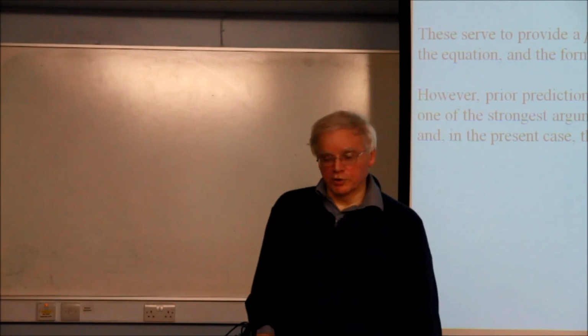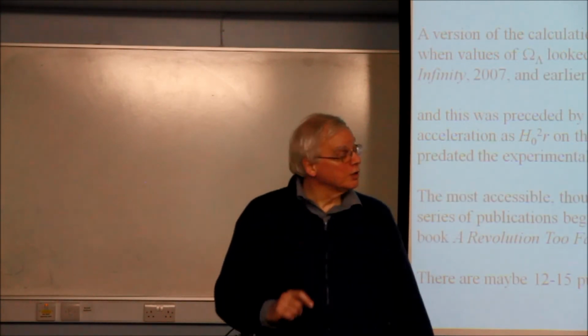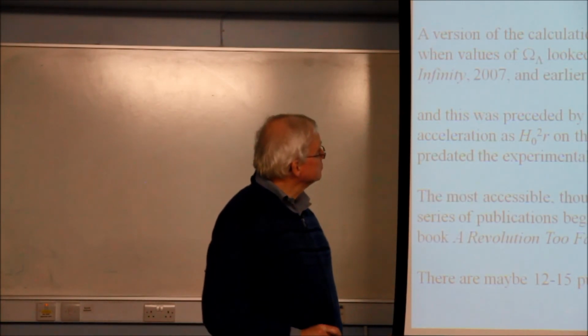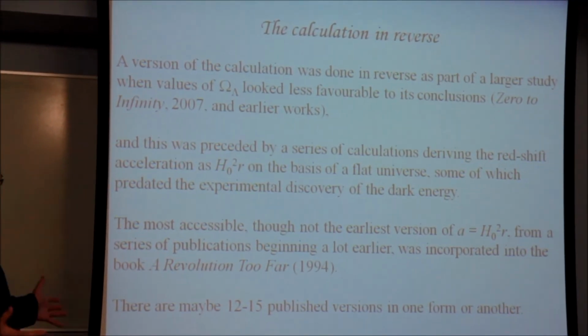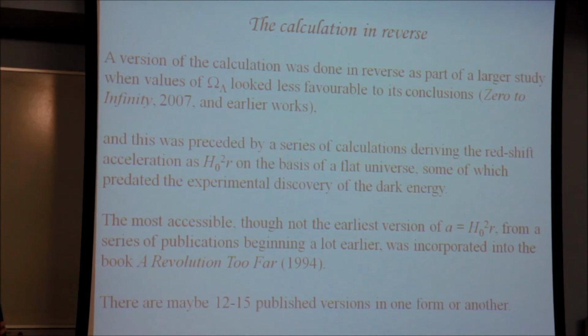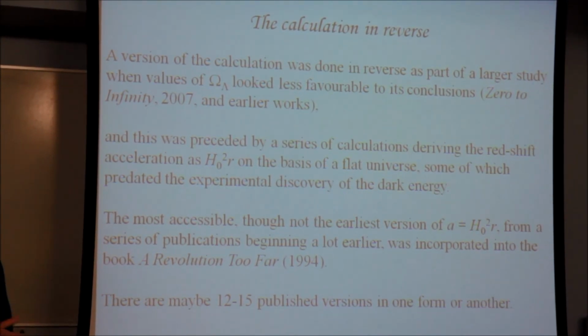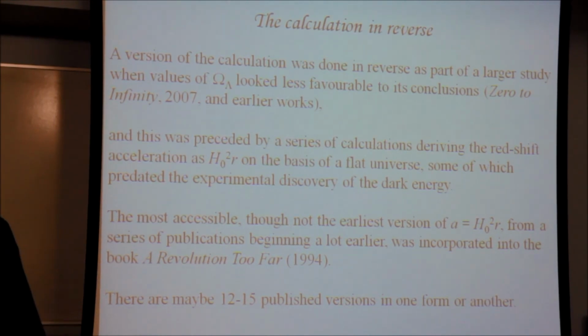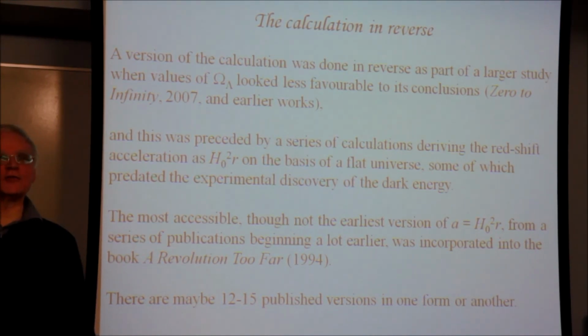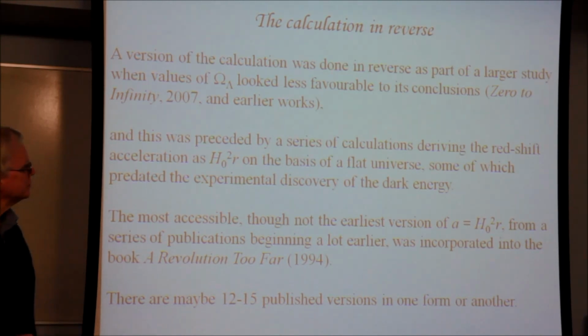Well, we have a prior prediction, and it's very prior, a long way prior. Long ago, I had done myself a calculation in reverse as part of a much larger study. And this was when omega lambda values looked as if they were going to be 74%, not 67%, as I wanted.